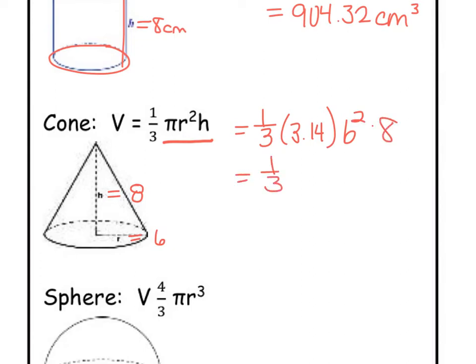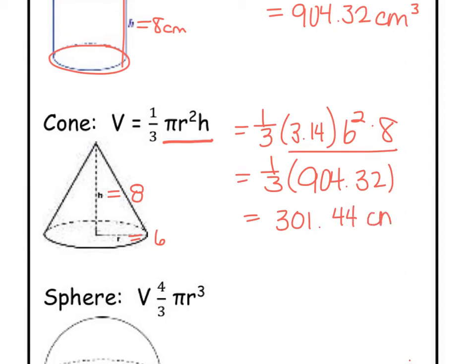We already know that this section right here is equal to 904.32, and 1/3 of that is 301.44, and volume is always in cubic centimeters.